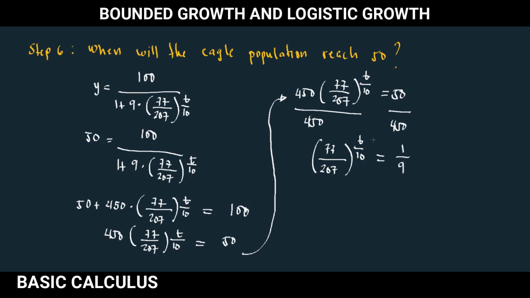Now since the variable is in the exponent, we need to apply the natural logarithm on both sides. So we have ln of 77 over 207 raised to t over 10, and on the right side, to maintain equality, we have ln of 1 over 9.